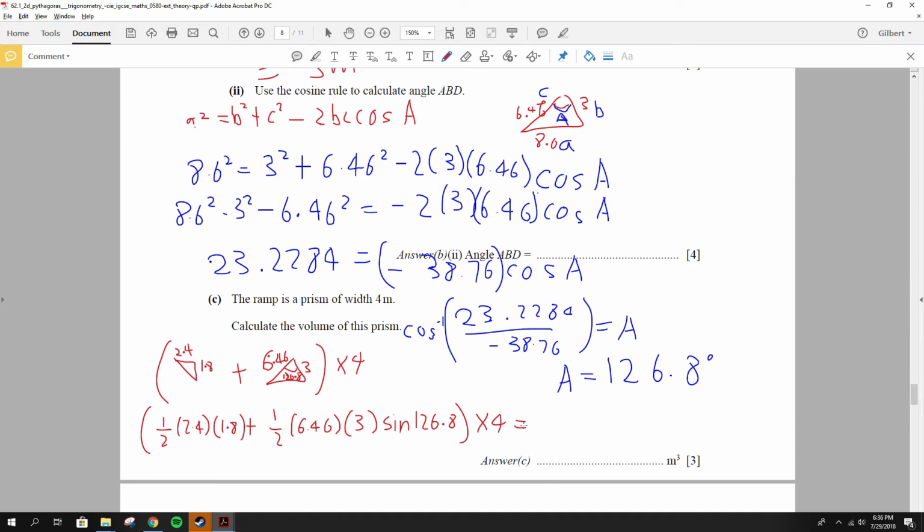Type everything into the calculator: 0.5 times 2.4 times 1.8 plus 0.5 times 6.46 times 3 times sin 126.8, times 4. Your answer should equal 39.68 cubic meters. Final answer: 39.68 cubic meters.